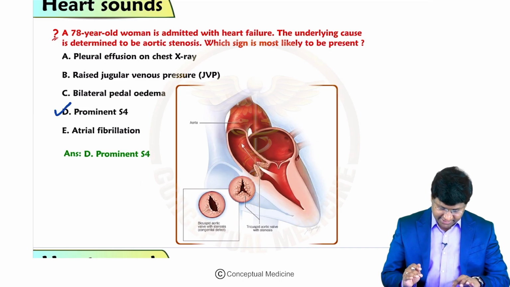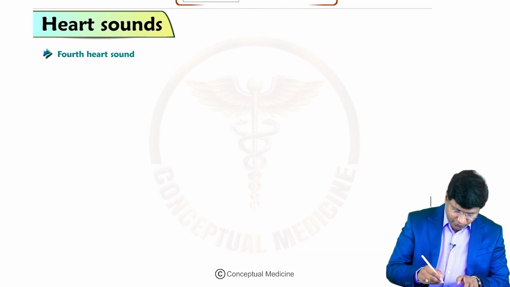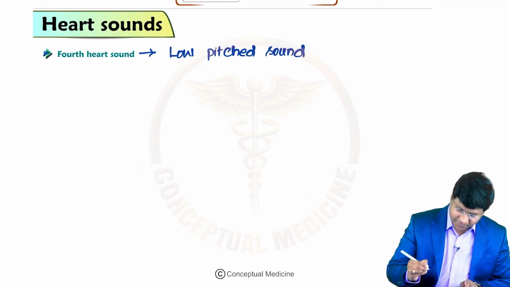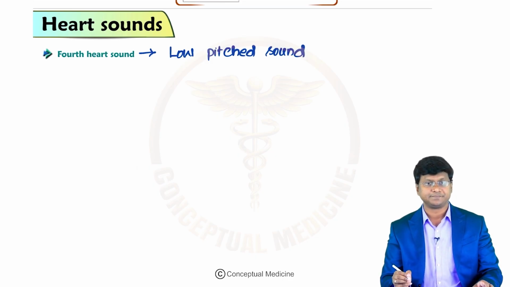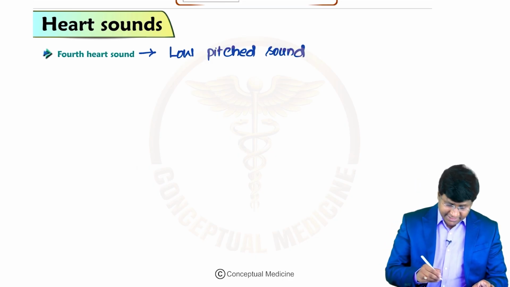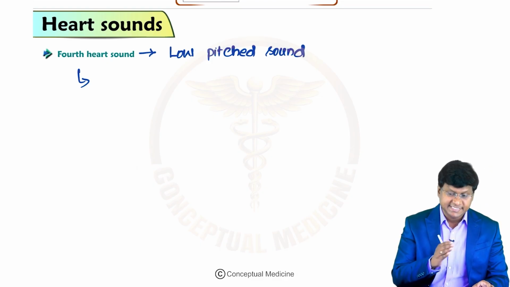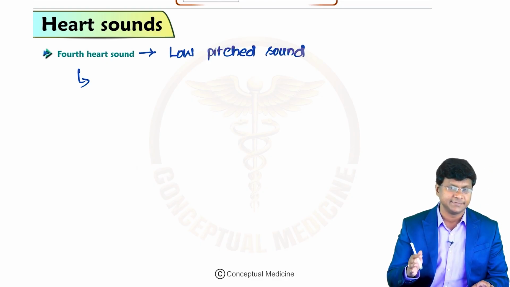So if you take the fourth heart sound, this is also a low pitched sound, and it is heard just before the systole, that is in the later part of the diastole.